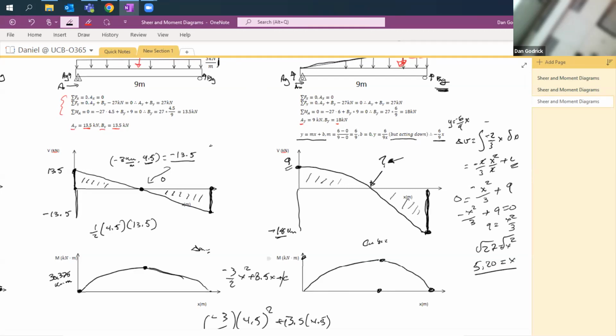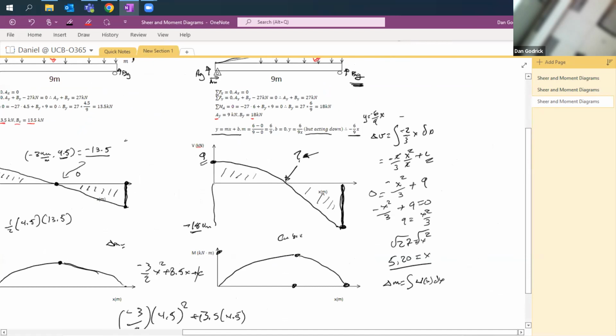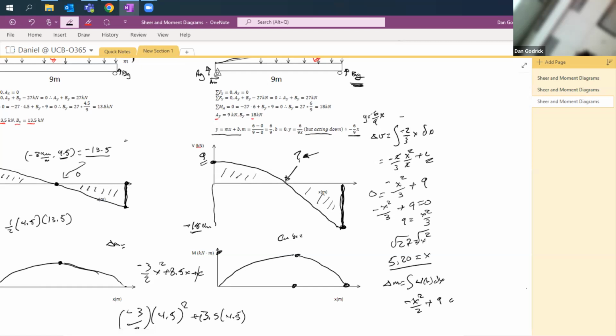And so what is our maximum? Well, if we integrate, the change in moment is the integral of V dx. We know shear is minus x squared over 3 plus 9 dx.